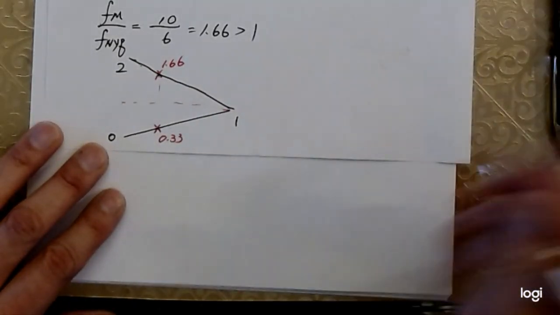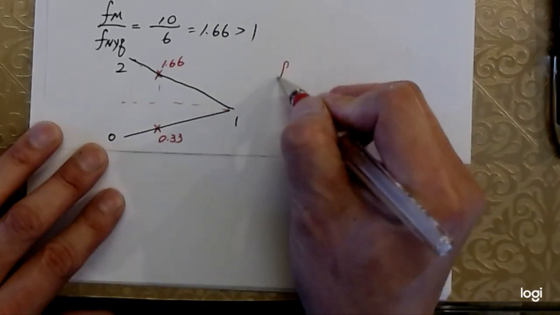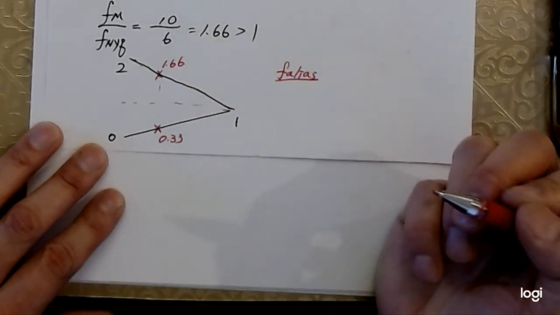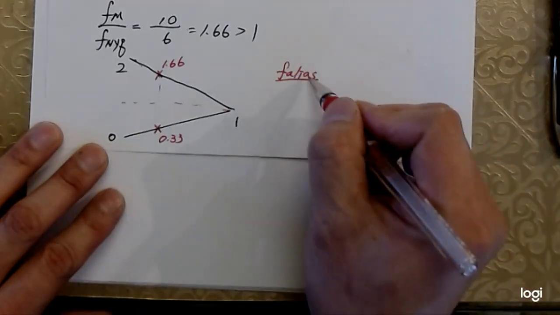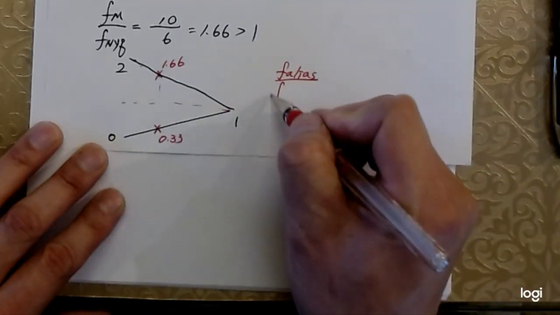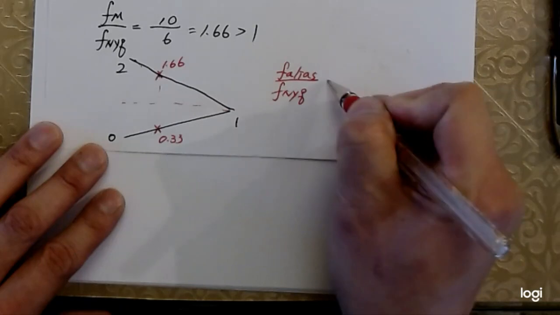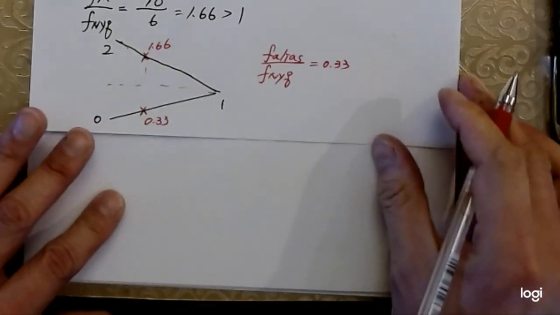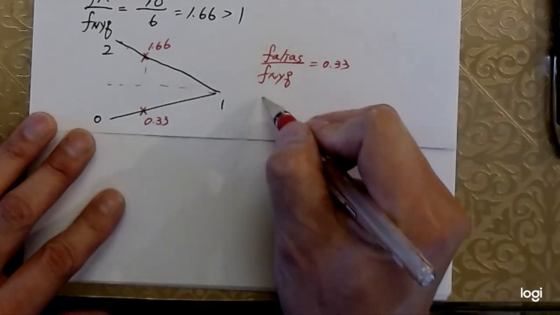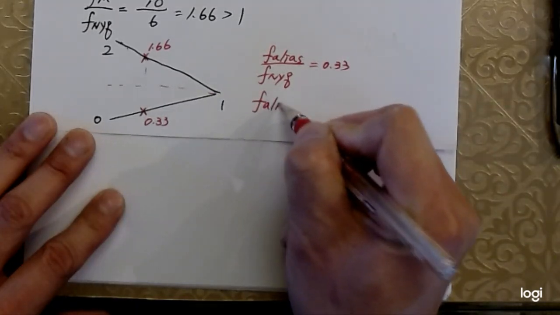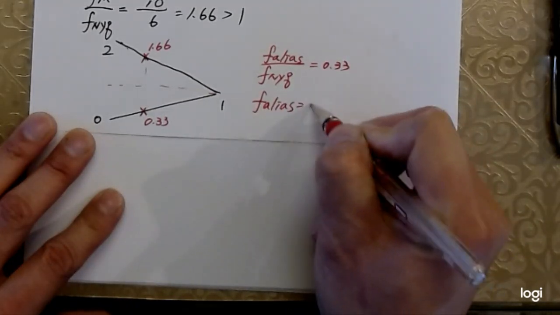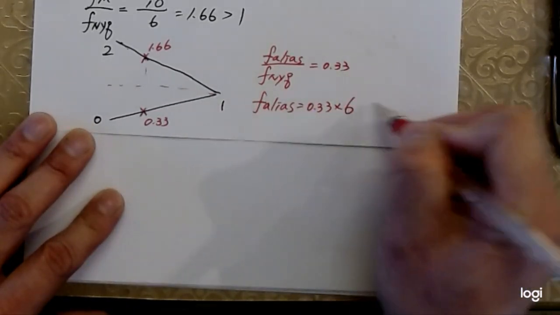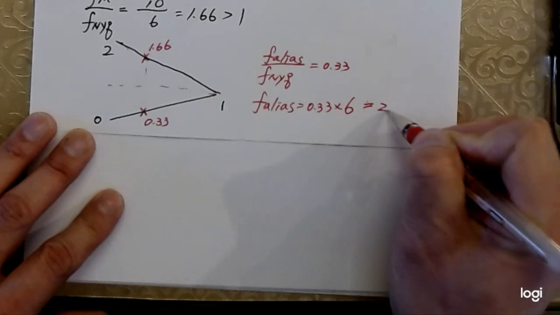So now the ratio of alias frequency to Nyquist frequency is 0.33, and the alias frequency we can find is 0.33 times the Nyquist frequency 6, which is about 2 Hertz.